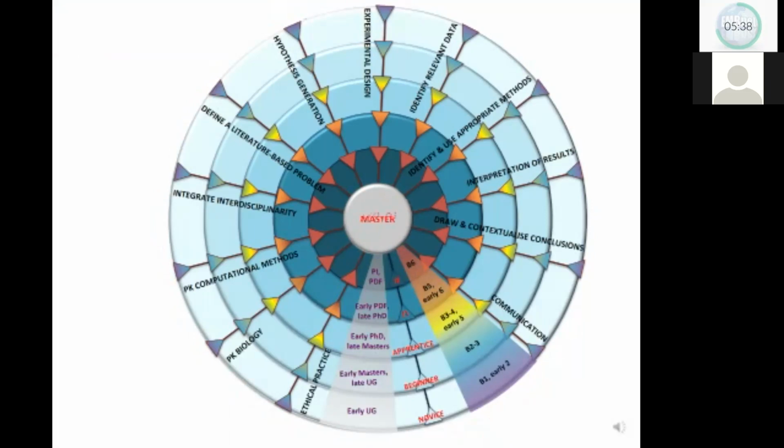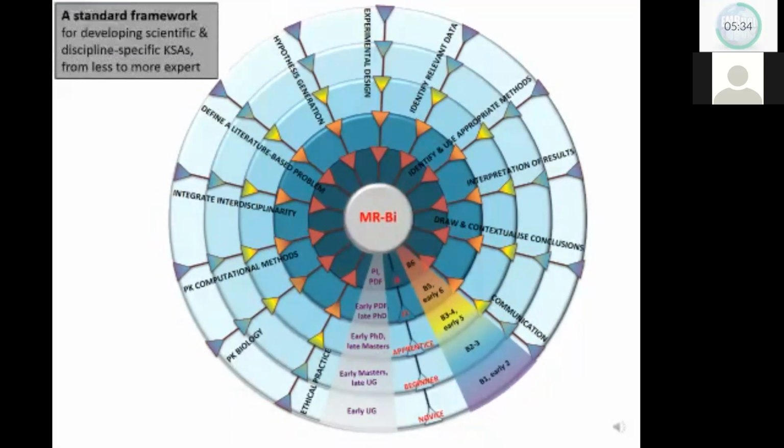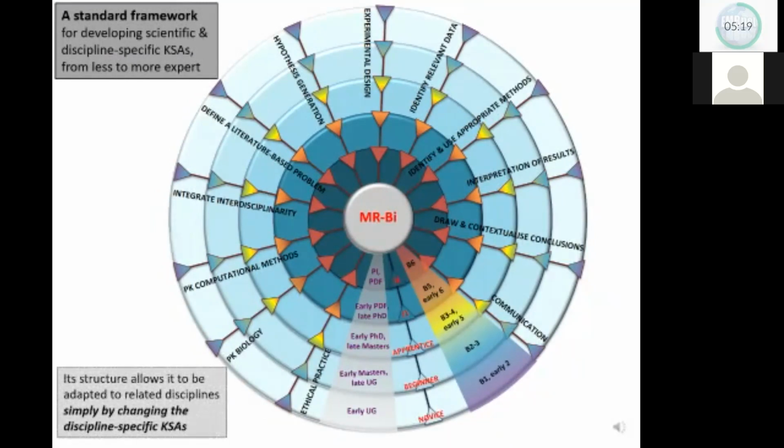And now then, bringing all of these components together, these cognitive layers, this is the Mastery Rubric for bioinformatics, a standard framework for developing scientific and discipline-specific KSAs, from less to more expert. And one of the really useful things about it is that its structure readily allows it to be adapted to related disciplines.